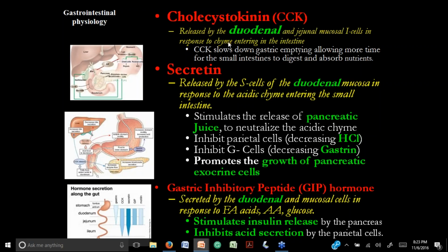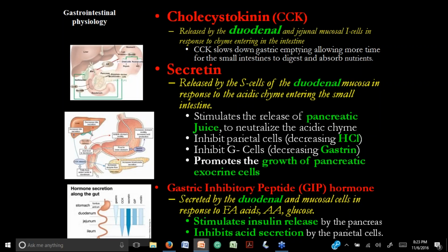So what is the function of the cholecystokinin? Number one, to increase the pressure or make the gallbladder contract in order to release the bile. There is also contraction of the walls of the pancreatic duct, promoting the secretion of the pancreatic juice.